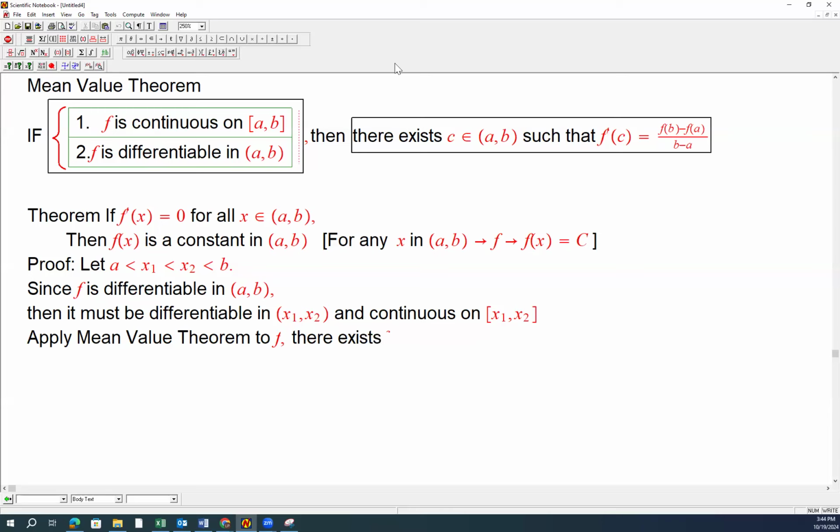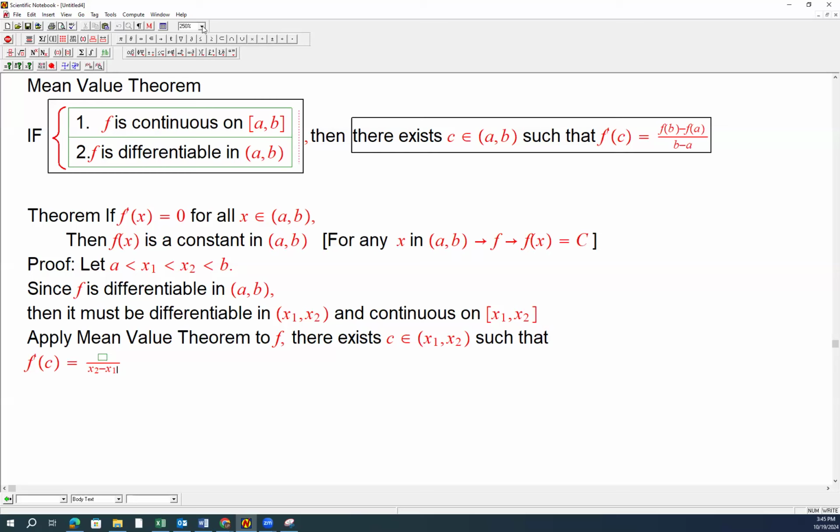There exists a c in (x1, x2) such that the conclusion of the mean value theorem applies, which is the derivative of the function evaluated at c is equal to the endpoints: b minus a, where b is x sub 2 and a is x sub 1.